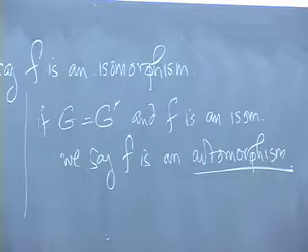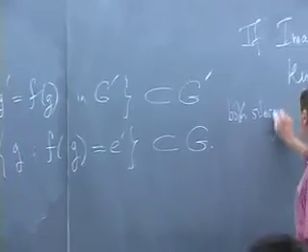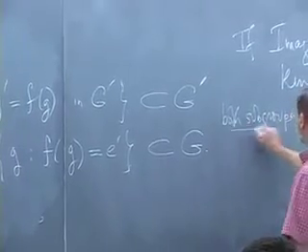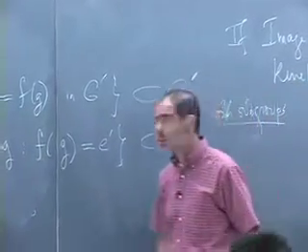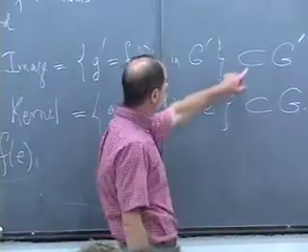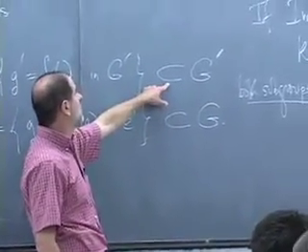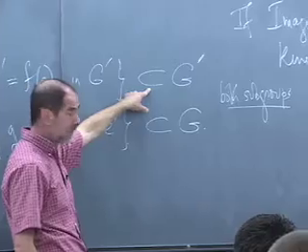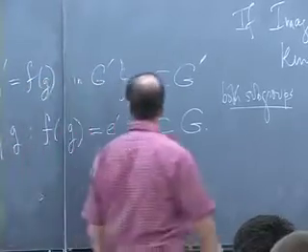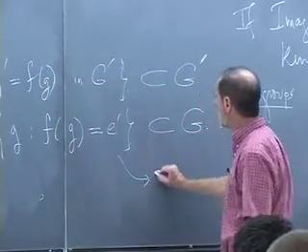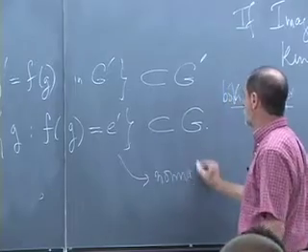Now, I think in homework you showed that these are both subgroups of a group. Is that right? Both subgroups. And on the other hand, the kernel is a special kind of subgroup, which we'll usually use this symbol to denote, not just subset, but subgroup. But the kernel is a special type of subgroup, which is called a normal subgroup.